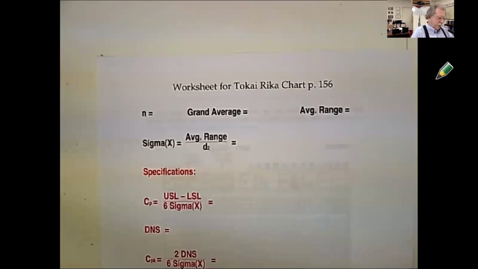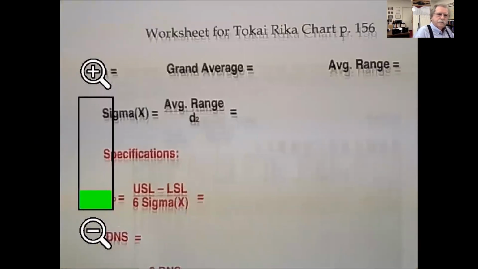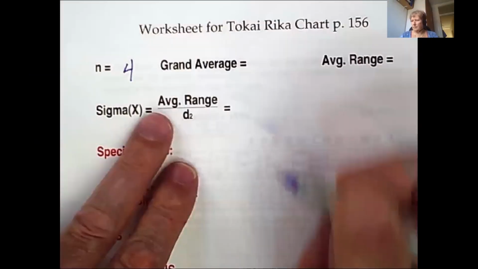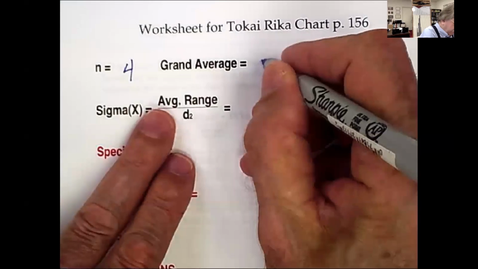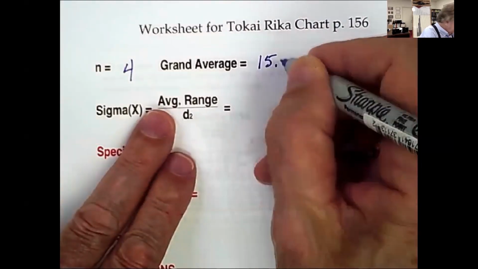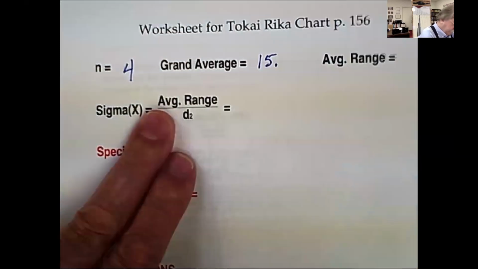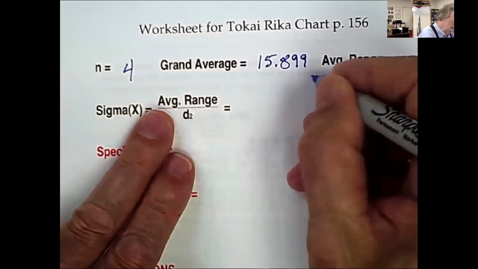So N is 4. Down at the bottom of page 156, the grand average is 15.899, and that's millimeters.